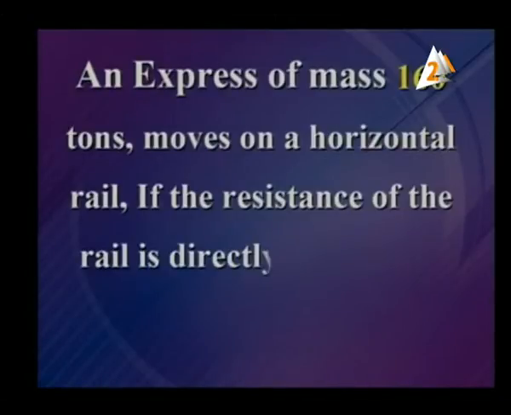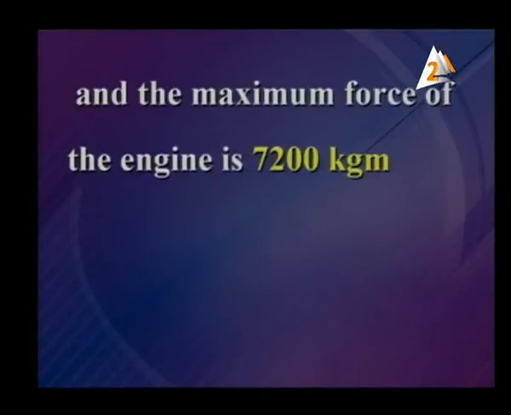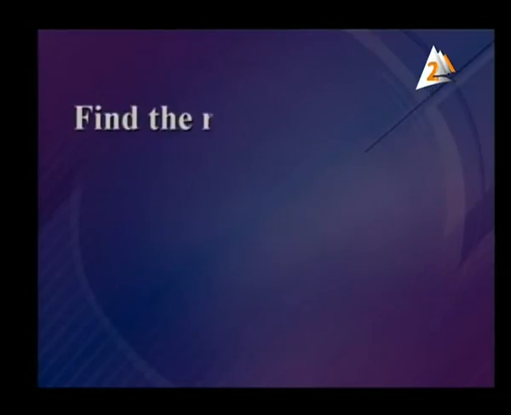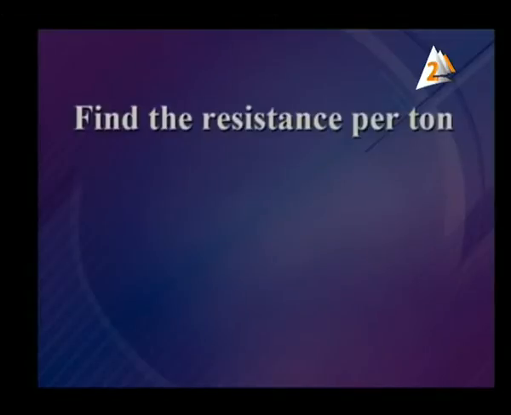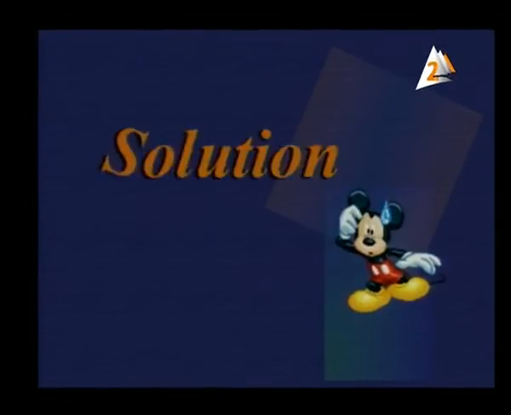If the resistance of the rail is directly proportional to the square of its velocity, and the maximum force of the engine is 7,200 kilogram weight, and its maximum speed is 90 kilometers per hour, find the resistance per ton when its speed becomes 30 kilometers per hour.